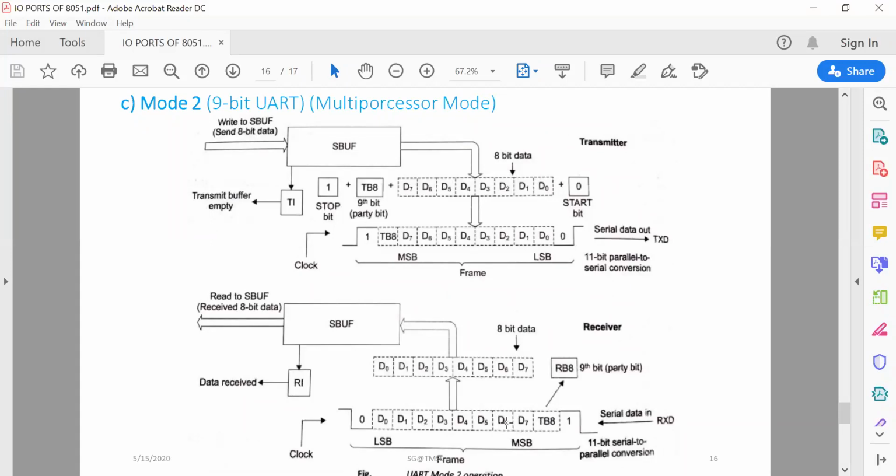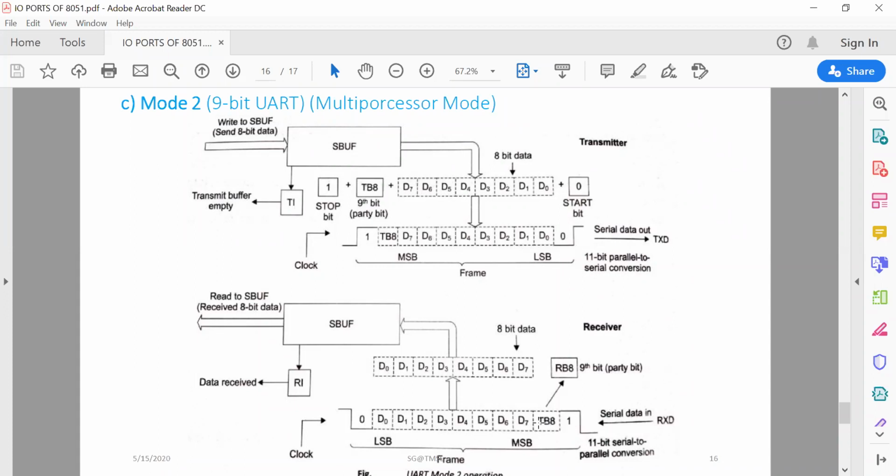Now in case of transmission, the 8 data bits are loaded into the SBUF, and the ninth bit is the value of the TB8 bit in the SCON register. The programmer can set or clear this bit, along with the start and stop bits.